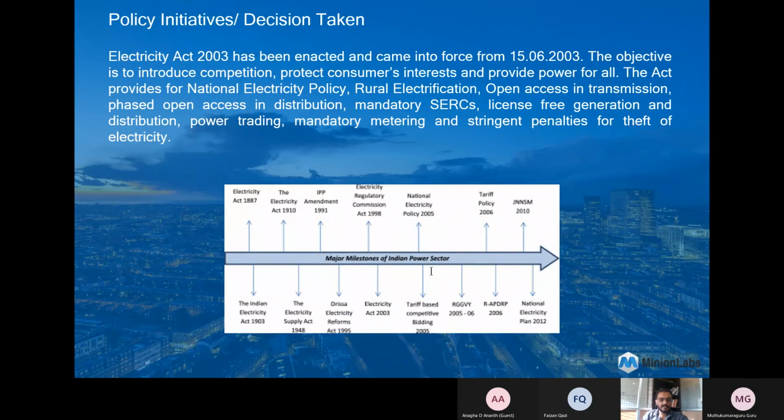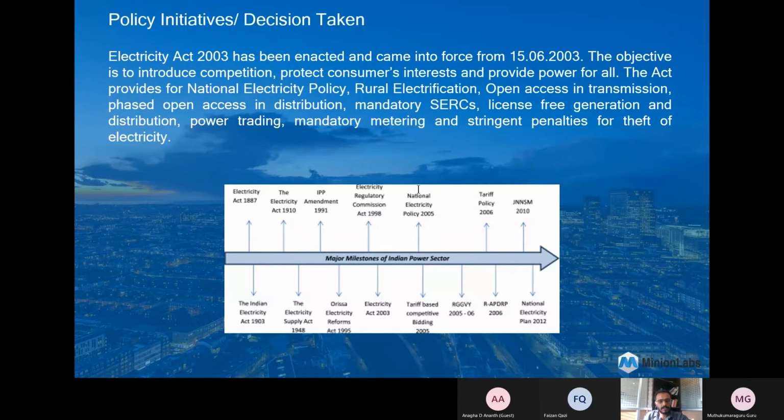So, policy initiatives and decision taking. The Electricity Act that came in 2003 is one of the milestones in the Indian power sector. The Electricity Act 2003 was enacted and came into force from 15th June 2003.